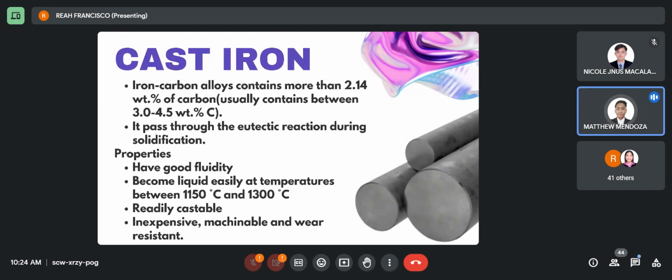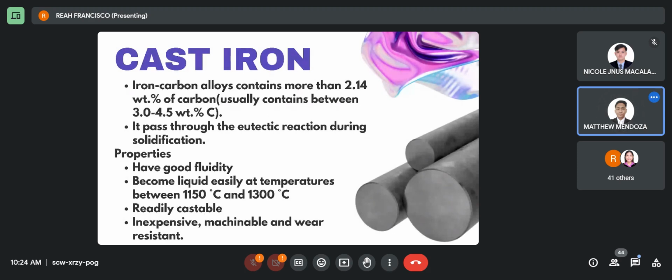So yung eutectic reaction po is when yung liquid po through the cooling process po, it forms two solid materials po. Yung one of the solid materials po na napo-form is either graphite po or cementite.